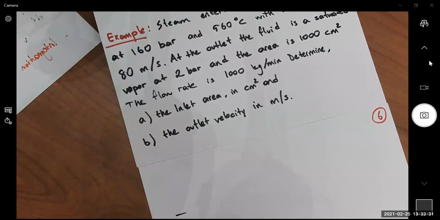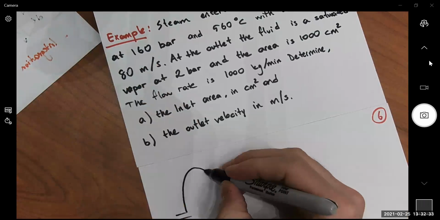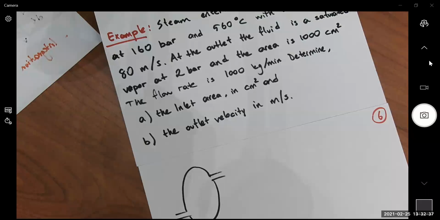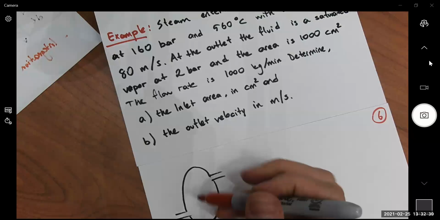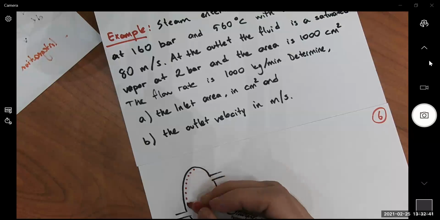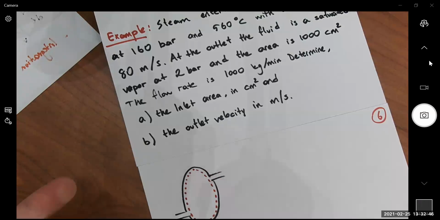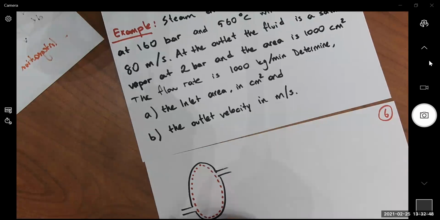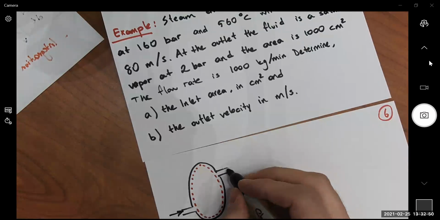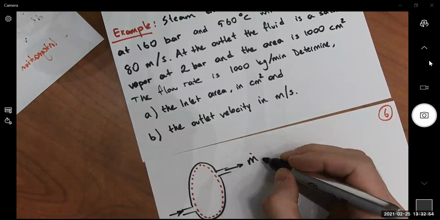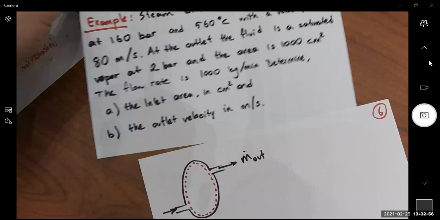So from there, for one inlet, one outlet: m in, m out.